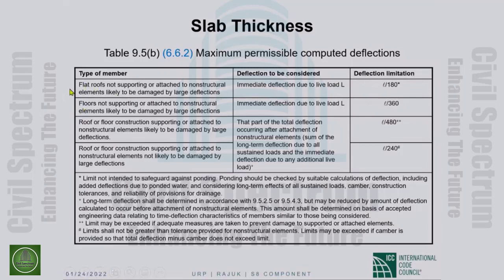Flat roofs not supporting or attached to non-structural elements likely to be damaged by large deflections: L over 180. Floors not supporting or attached to non-structural elements likely to be damaged: L over 360. So if damage to non-structural elements is unlikely, L over 360. If it is likely, then the tighter limit of L over 180.